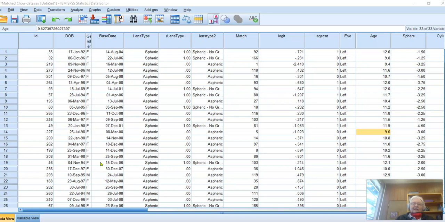And if we looked at lens type only, the main effect, that would just tell us if the average between baseline and 5 years was different. The interaction term says, does the change, or does the repeated measure over time, depend on the lens type that you're looking at?